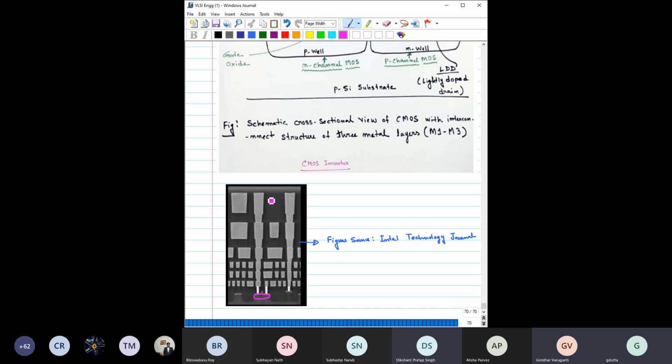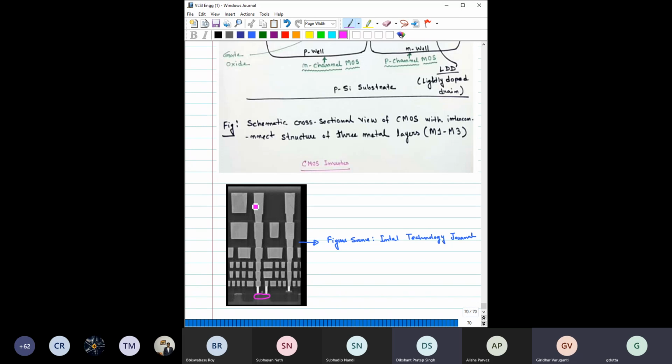So see how many metal lines are there, right? One after another. And see, as you are going above, the metal lines are getting wider, thicker and thicker, right? So this is an actual view, meaning you have taken a cross section and taken an actual view using scanning electron microscopy. So this is not a schematic diagram.